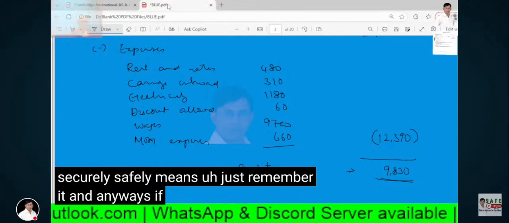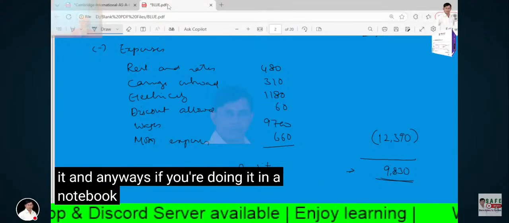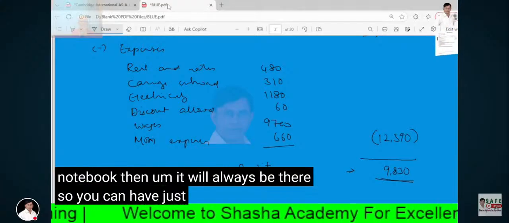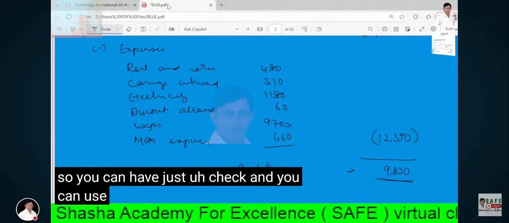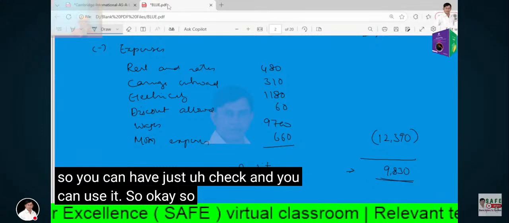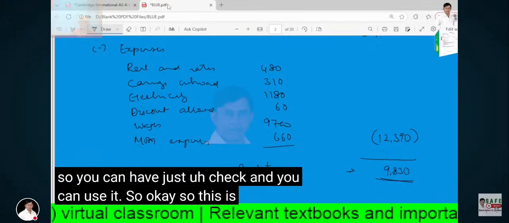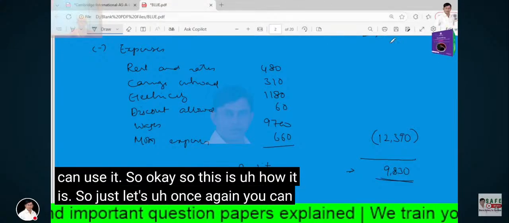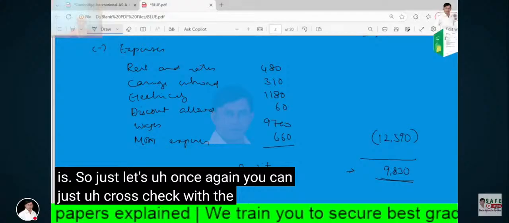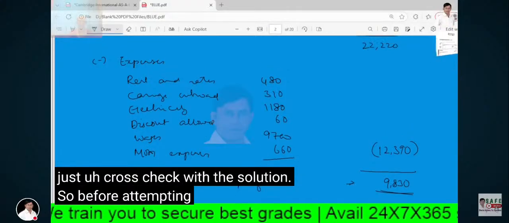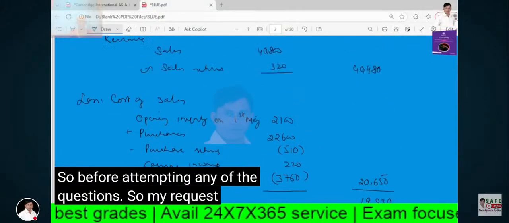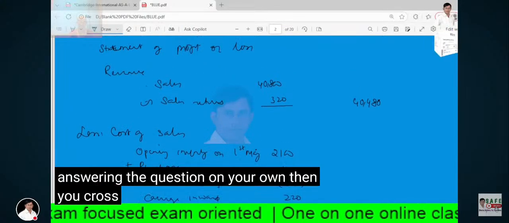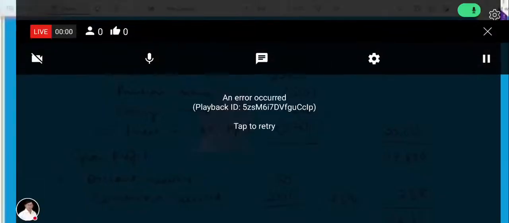If you are doing it in a notebook, then it will always be there. So once again you can cross check with the solution. Before attempting any of the questions, my request is that you try answering the question on your own, then you cross check with the solutions.